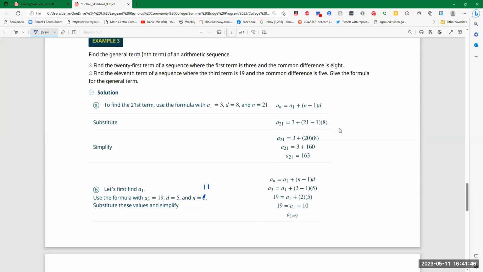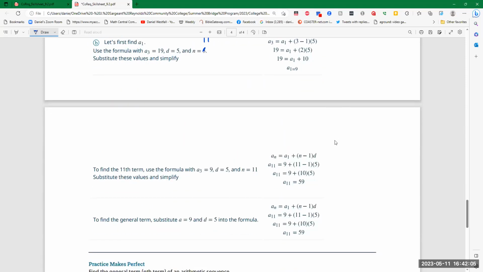It is possible to treat this term here like it's the first term and find out how many steps I took, but they didn't do it that way. So they're going to take 19 minus 10, which gives me a_1 is 9. So we're going to hang on to that. We know now that a_1 is 9.